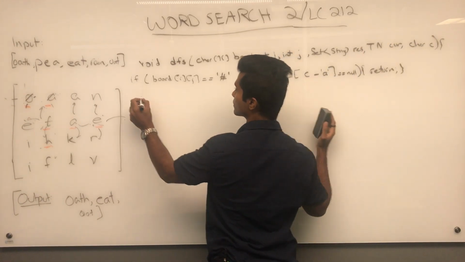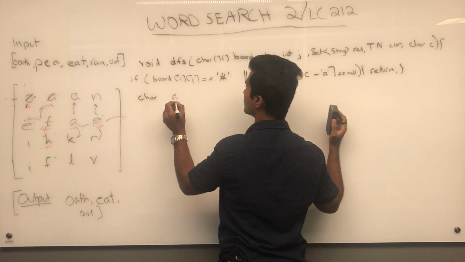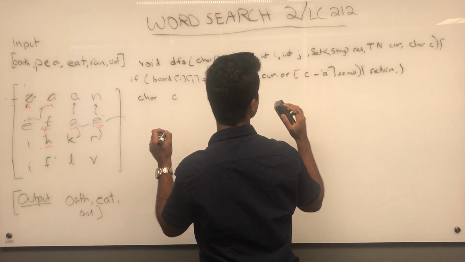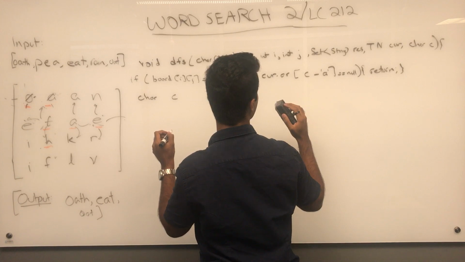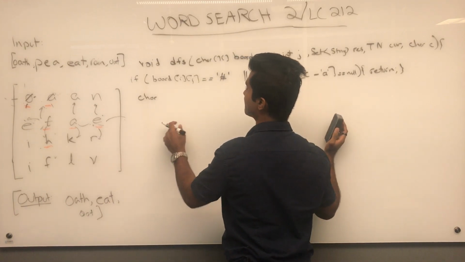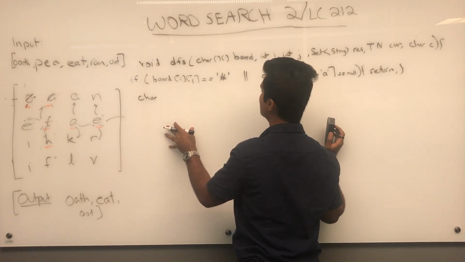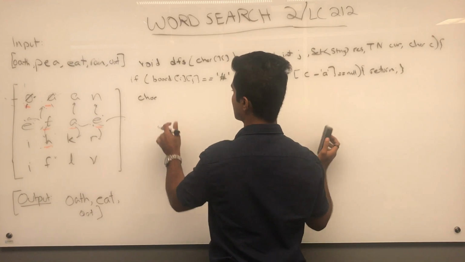So let's make the change first. Character c, what can I call this? I'm going to call it t.